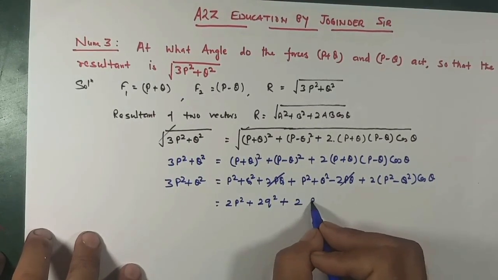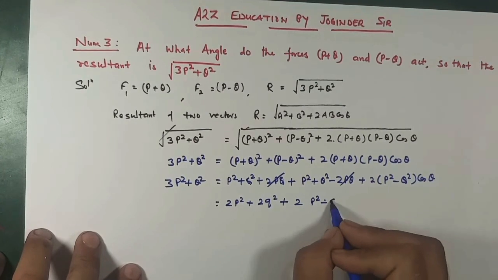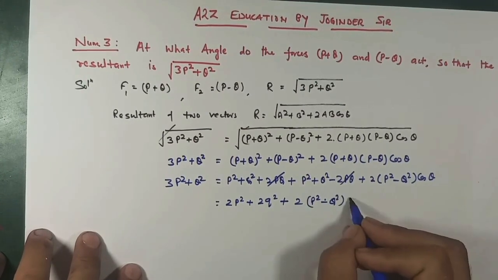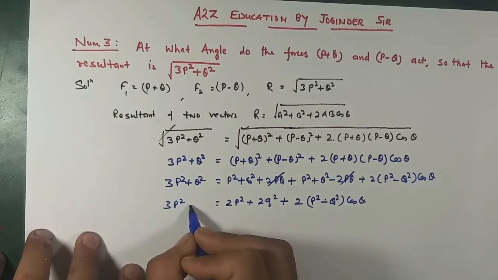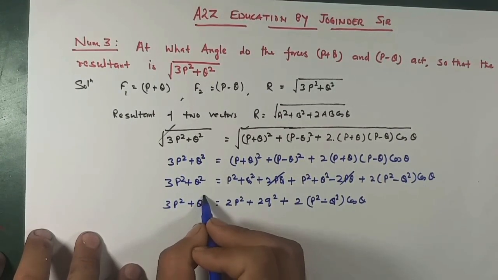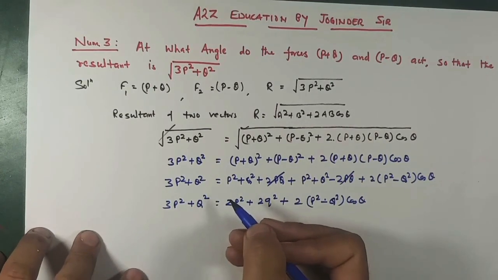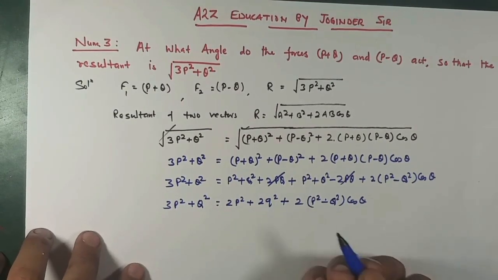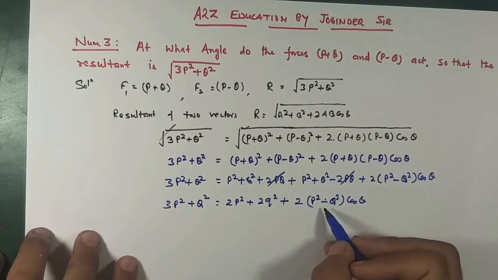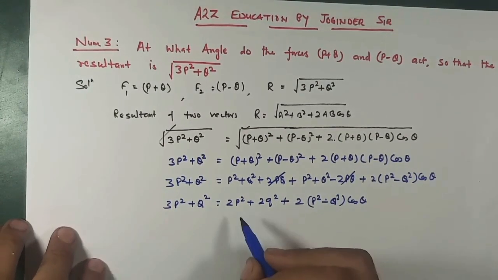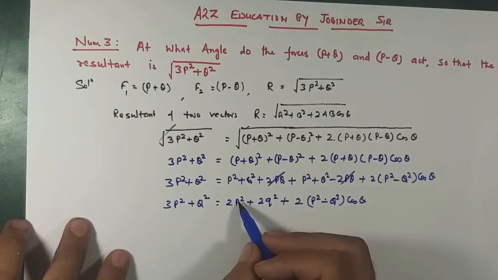plus 2 into P square minus Q square cos of angle theta is equal to 3P square plus Q square. Clear? So we can solve these equations.